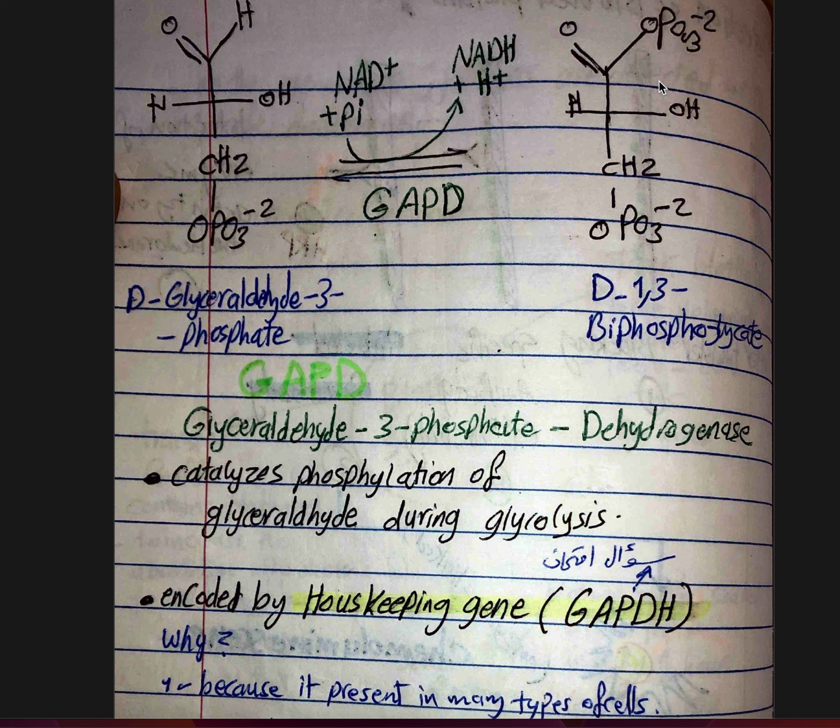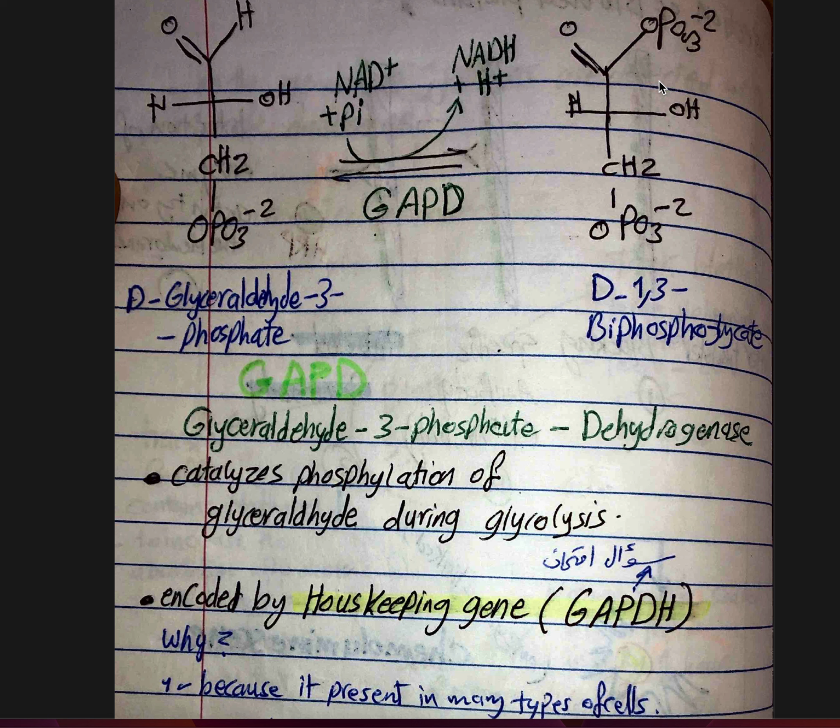As you can see here, the product will be 1,3-bisphosphoglycerate, in addition to NADH and H positive, which are important for the production of ATP, especially if glyceraldehyde 3-phosphate dehydrogenase is present in the cytoplasm of the cell.